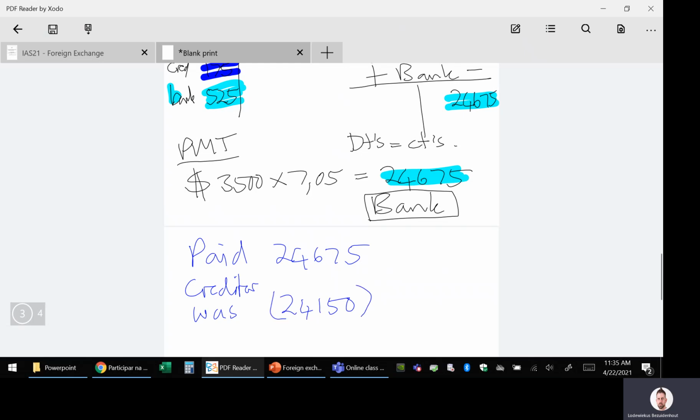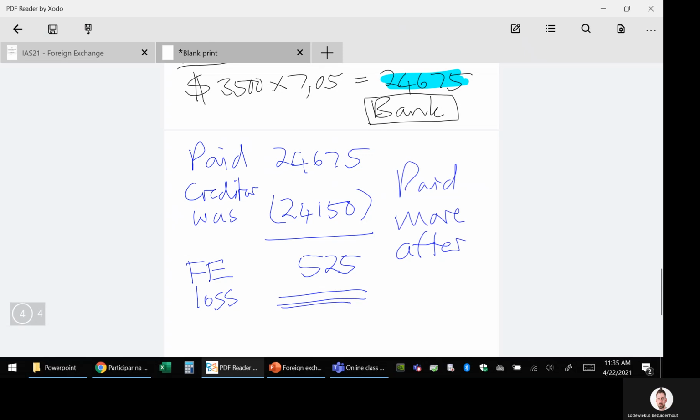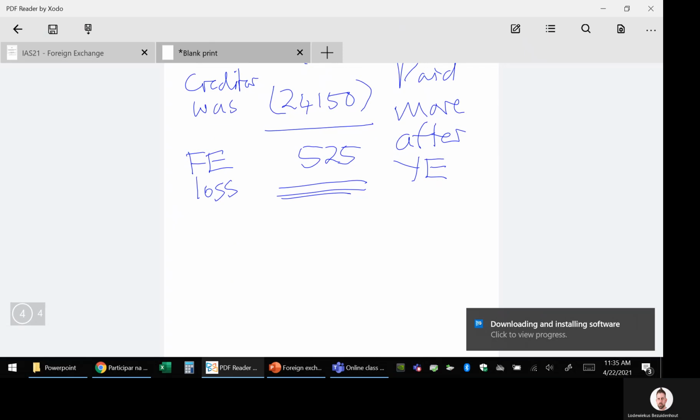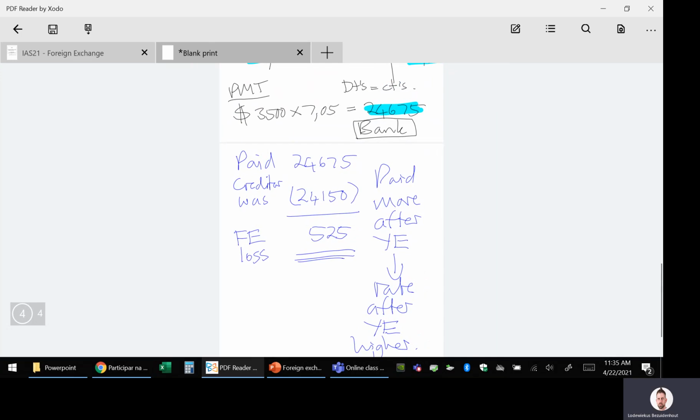I deduct it from the payment, and that will give me a foreign exchange loss of 525. So I paid more than the year end amount because the rate is higher than the year end rate. All right, so that is the two examples that we have here.